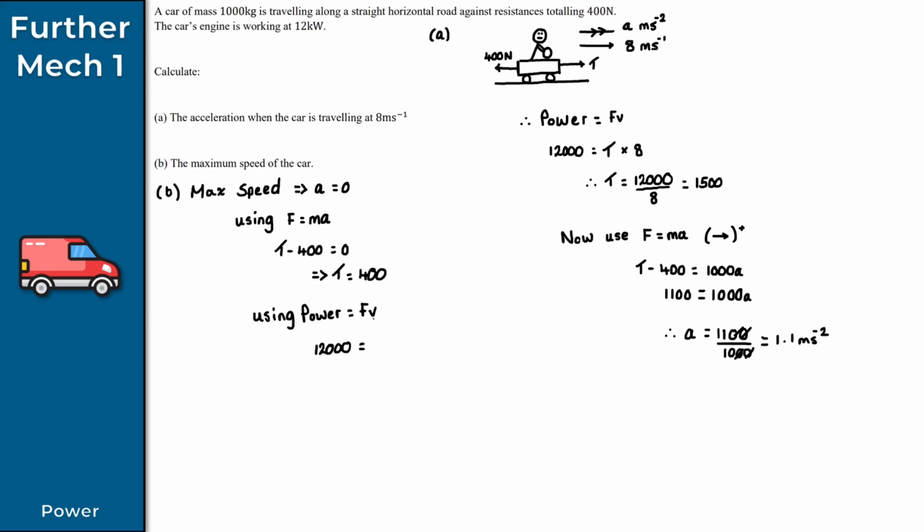That's what we're looking to solve for. We get 400 V there, like so. And then finally here, we just want to solve for V. So V then is equal to 12,000 all over 400. Just put this into your calculator. And if you do this correctly then, what you should get here is 30 meters per second there.